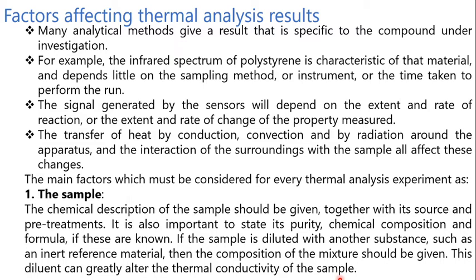The signal generated by the sensor will depend on the extent and the rate of the reaction, or the extent and the rate of change of the property measured. The transfer of heat by conduction, convection and radiation around the apparatus and the interaction of the surroundings with the sample all affect these changes.